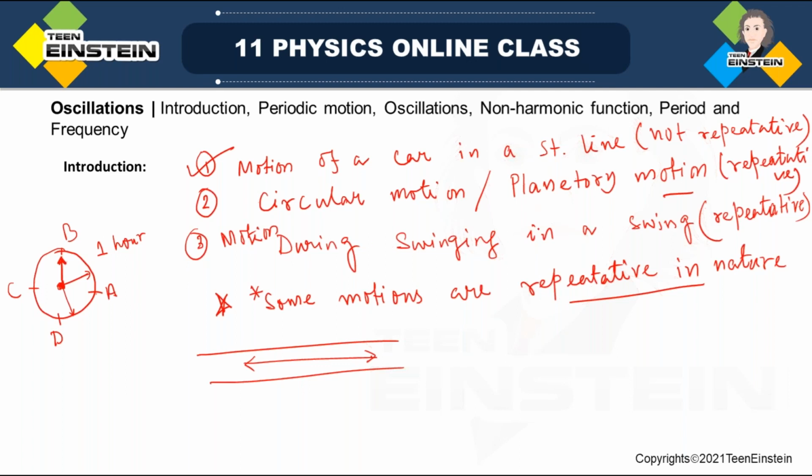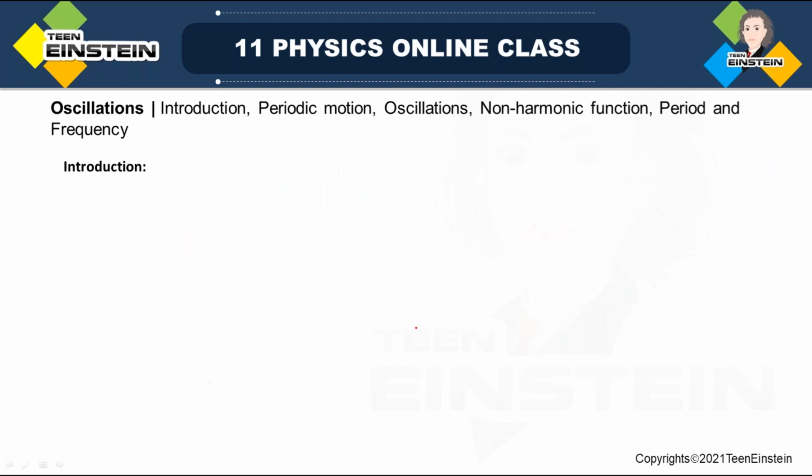This repetitive motion is actually called periodic motion because it repeats its motion after a definite interval of time. Those kinds of motions are called periodic motions. So I have got some examples for you.